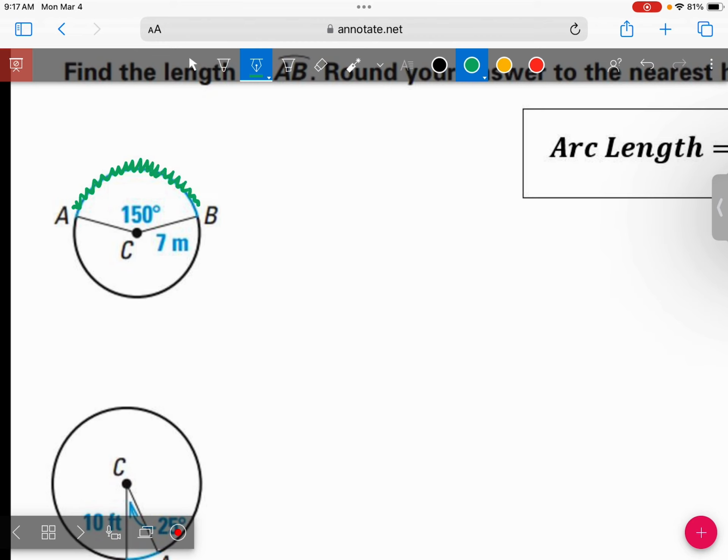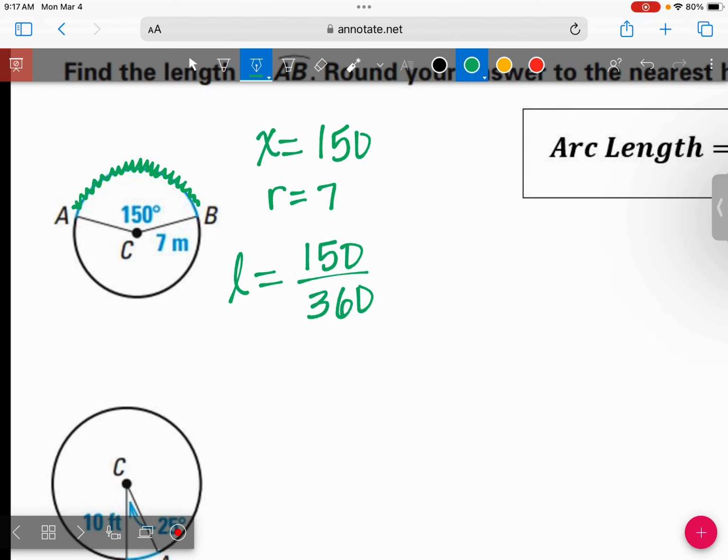So in order to do that, I need to know what's the measurement of the central angle. What's the measurement of my central angle? 150. And then the radius. What's the radius? It's 7. All right, let's go ahead and type it in our calculators. L equals 150 over 360 times 2 pi 7.